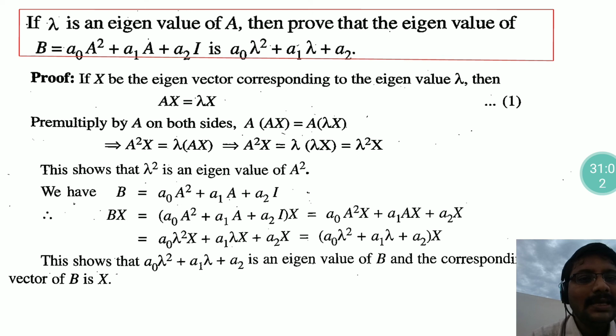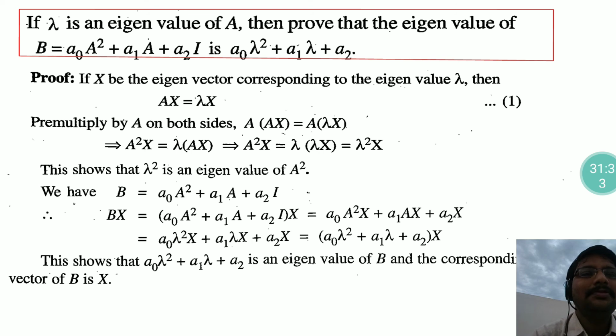This looks like Ax equal to lambda x, which implies that lambda is an eigenvalue of A. But Bx equals a0 lambda square plus a1 lambda plus a2 of x, which implies that a0 lambda square plus a1 lambda plus a2 is an eigenvalue of the matrix B, and the corresponding eigenvector is x for the eigenvalue lambda.